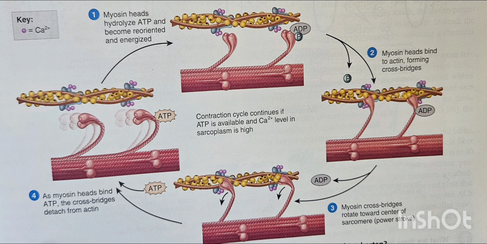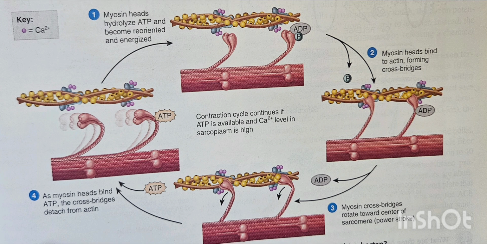ADP is called adenosine diphosphate, and there's a phosphate group as well. That is a molecule that is the byproduct of ATP that has been hydrolyzed to provide energy to the muscle contraction. Now the myosin head is prepared, it is loaded, and it is in a high energy state.